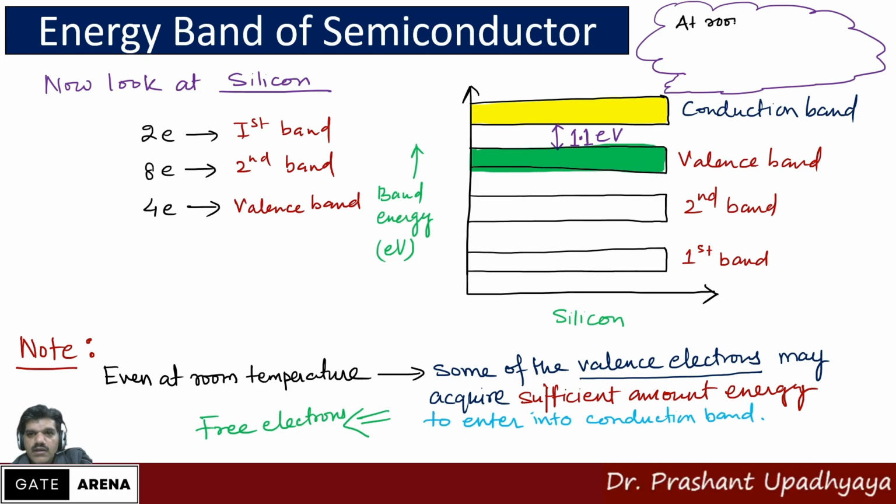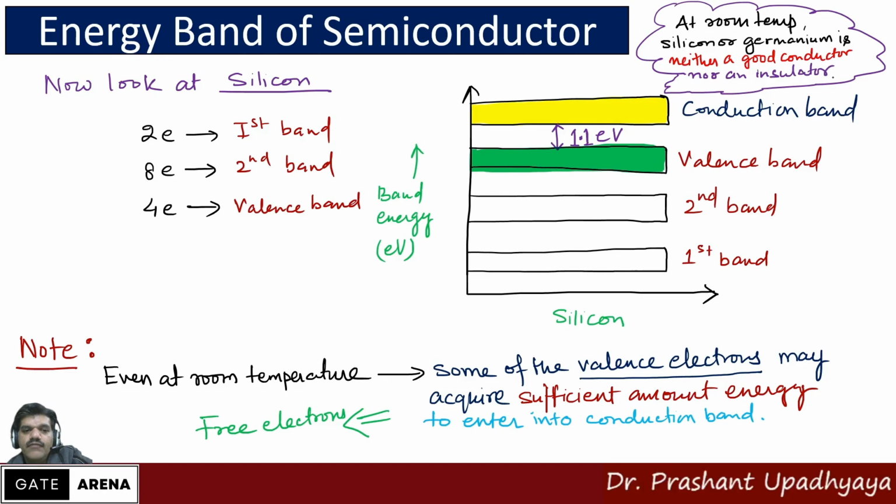I'm writing: at room temperature, silicon or germanium is neither a good conductor nor an insulator, and therefore these substances are called semiconductors. This is the reason we call them semiconductors, because we cannot define them as a good conductor or a good insulator.